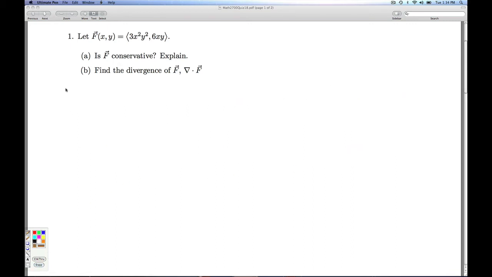So let's apply this criteria to our field f. The m is the x component, so m of x y is 3x squared y squared, n is 6xy. So let's look at what my is equal to.